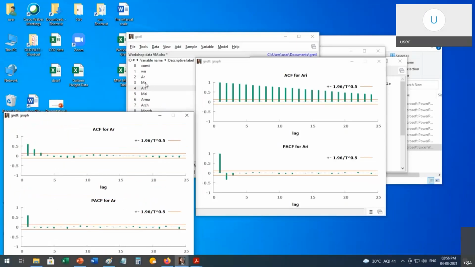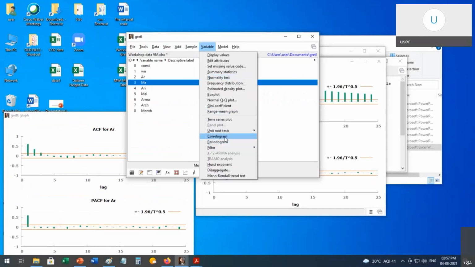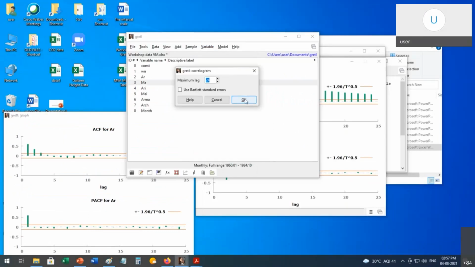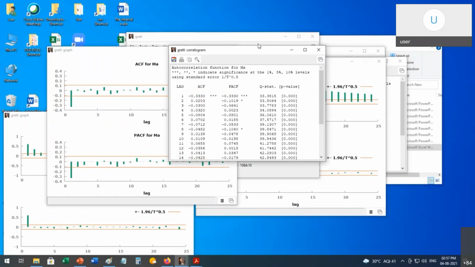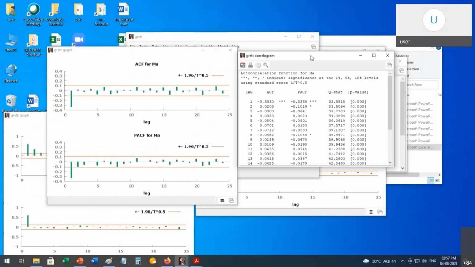Now let us take this third variable. Go to the variable, then correlogram, 24 lags. And here we have the case. The first ACF is significant. Similarly, in the PACF, the first one is significant.